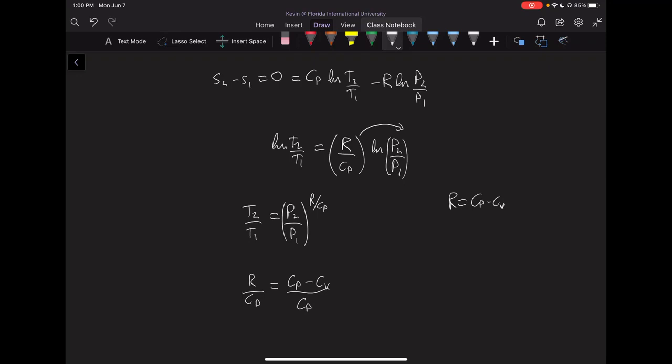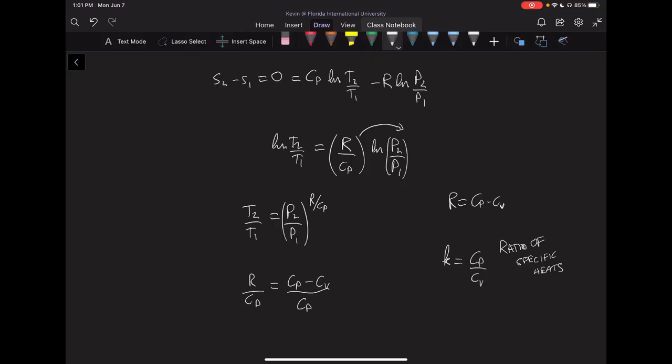And we also have the definition of K, which is the ratio of specific heats, Cp over Cv.